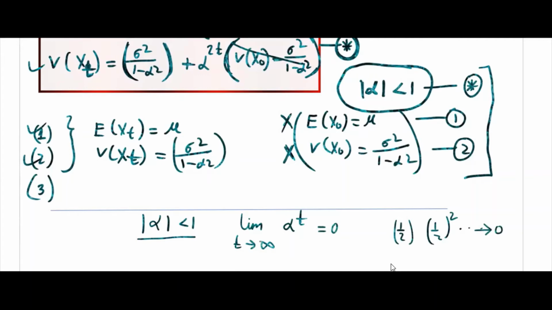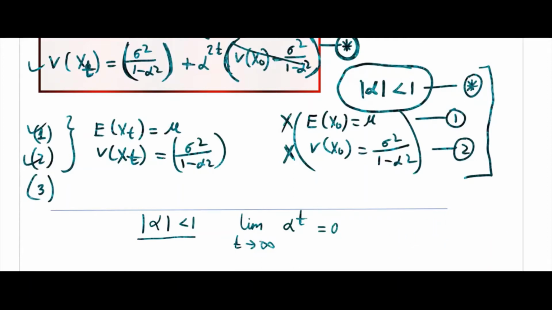If you take alpha 2, then this will go towards infinity. Remember, if alpha is 1, then alpha to the power t will be 1, not 0. Because |alpha| is less than 1, this will go towards 0.